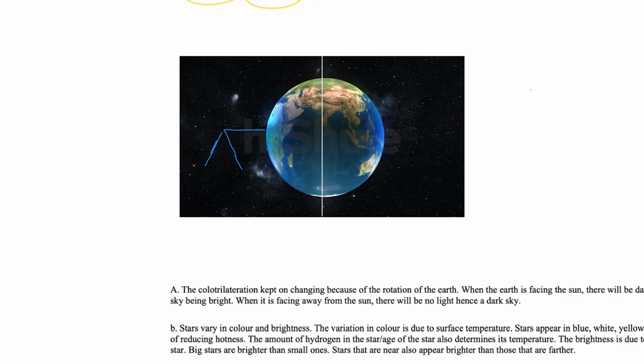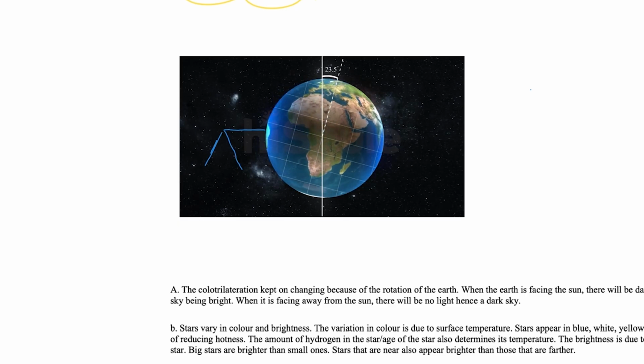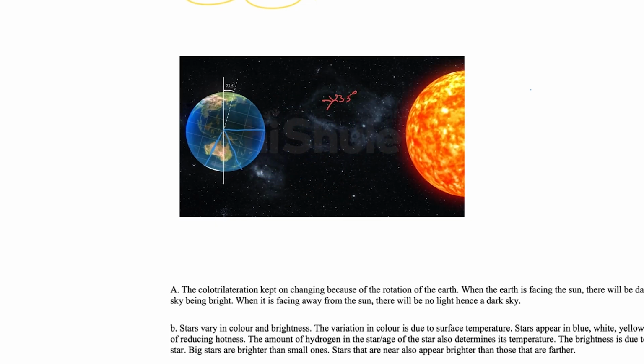Secondly, this Earth is tilted at a certain angle towards the sun. When you look critically, this Earth is tilted at a given angle. This is 23.5 degrees.